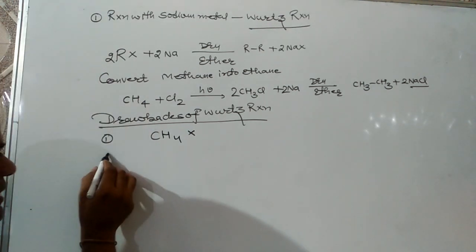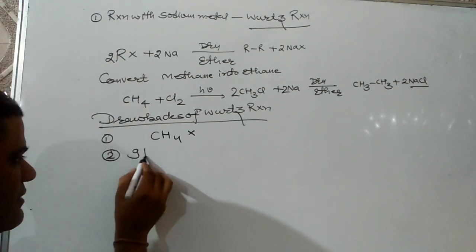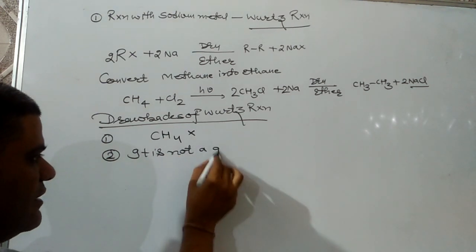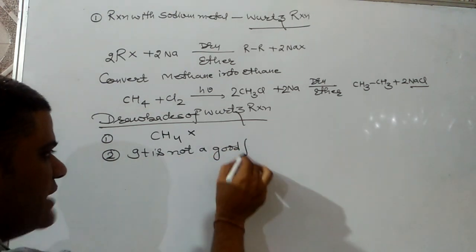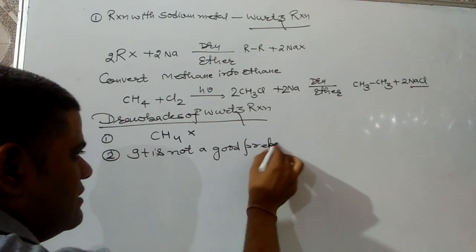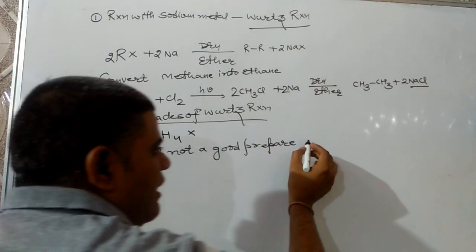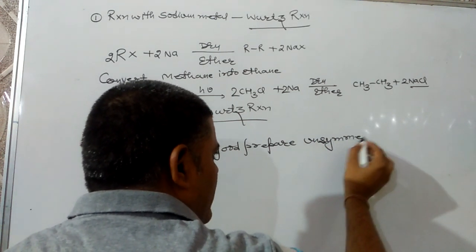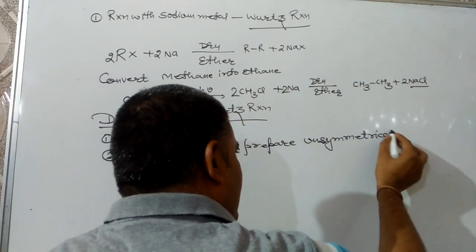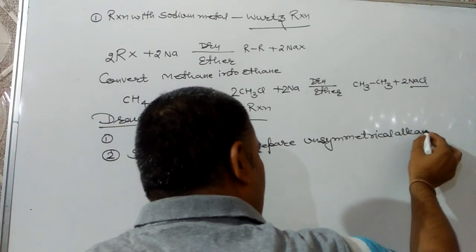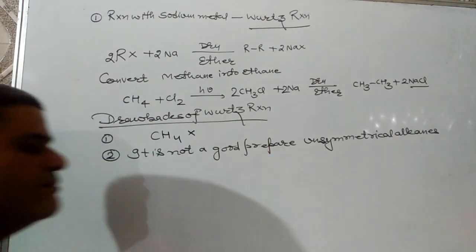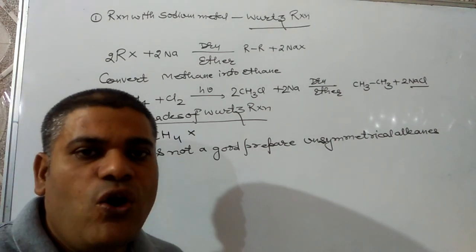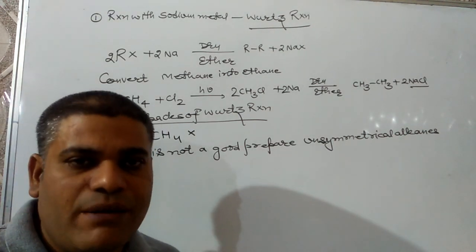Second drawback is that it is not a good method to prepare unsymmetrical alkane, or alkanes with odd number of carbon atoms.